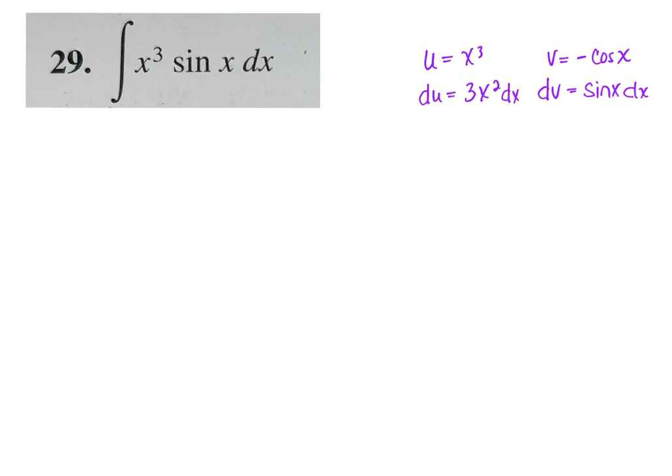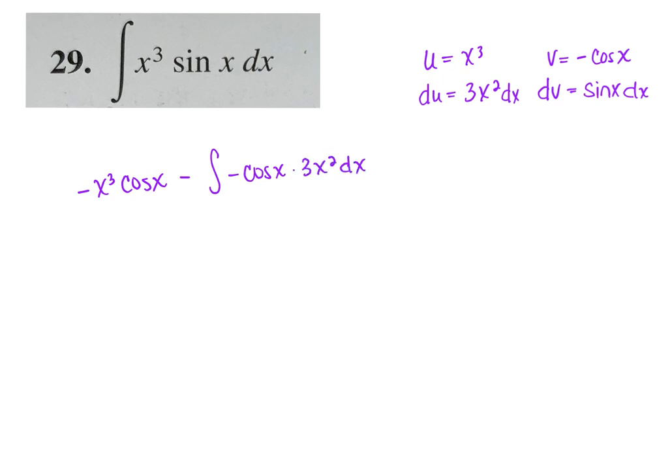So when you're going back and forth like that, that's what you need to do. All right, so I just pulled the negative in front just because it was easier. Negative x cubed cosine of x minus the integration of negative cosine of x 3x squared dx.